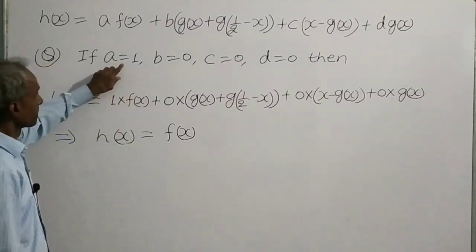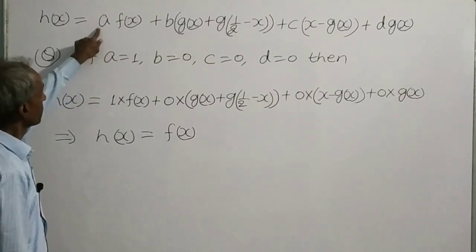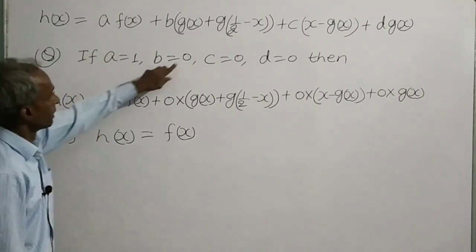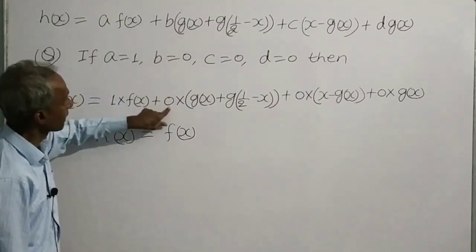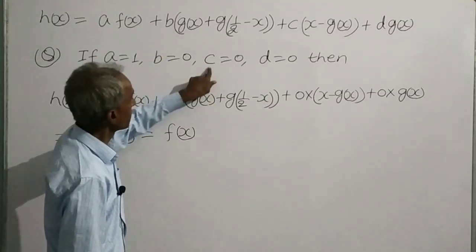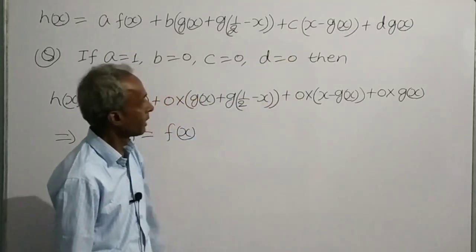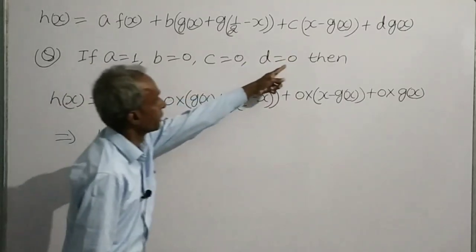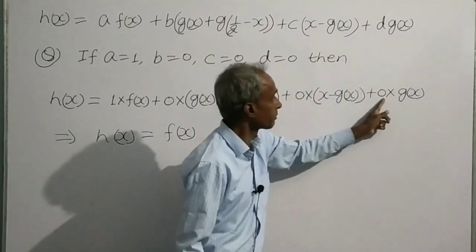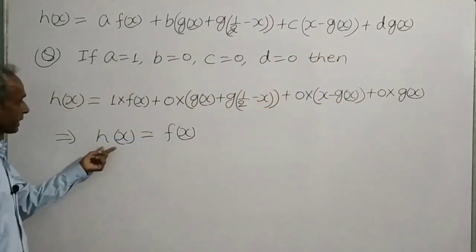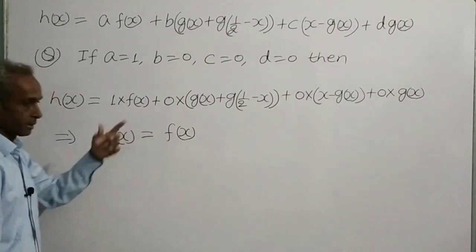When we put 1 in place of A here, 0 in place of B here, 0 in place of C here, and 0 in place of D here, then we get Hx is equal to Fx.